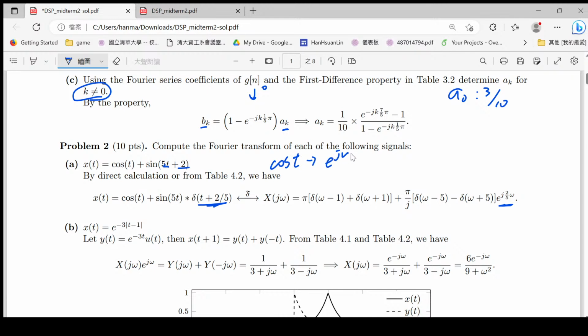Or you can even do a more brute force way. You can break a cosine t into e to the jt plus e to the minus jt, times 1 over 2. And you can break your sine, actually sine of pi t plus 2, into e to the j pi t plus 2 minus e to the j minus pi t plus 2.